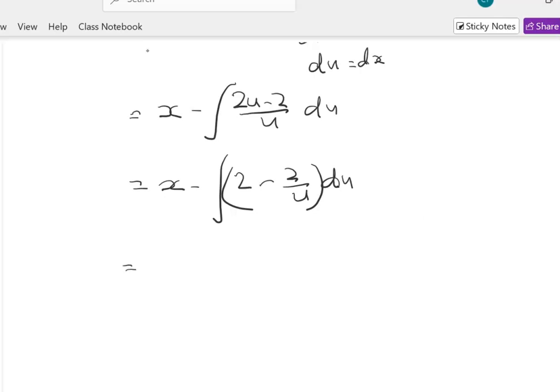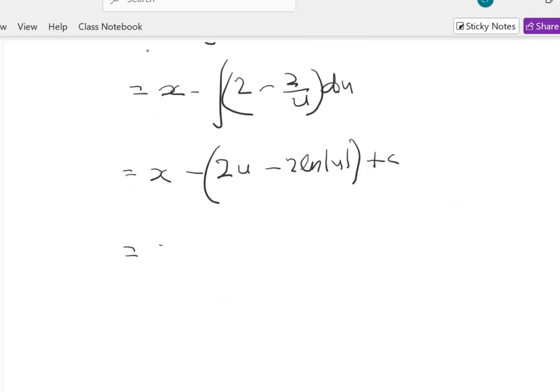So when I work this through, I'm going to get x minus 2u minus 2 ln of u plus c. Substituting everything back in gives me x minus 2 times 1 plus x plus 2 ln of 1 plus x plus c.